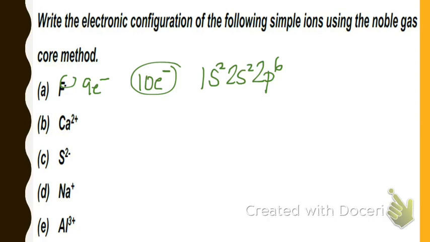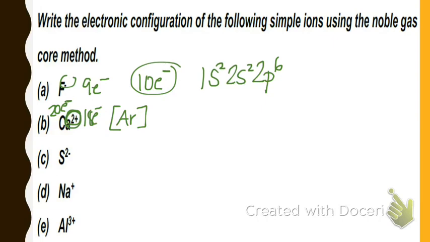If I look at calcium, the noble gas I'm going to use for calcium is going to be argon. Normally calcium has 20 electrons, but because of this 2+, that means we took off 2. So we're going to say 18 electrons. Its noble gas configuration would actually be just argon.